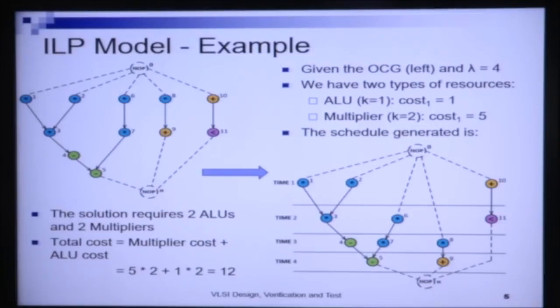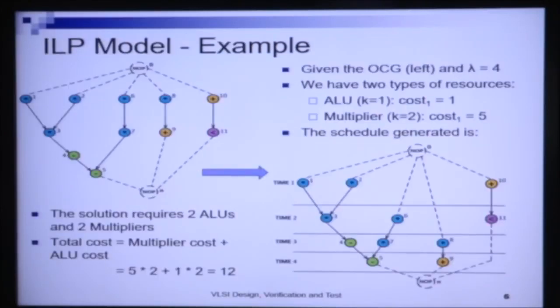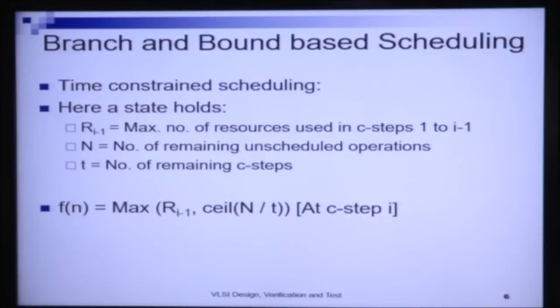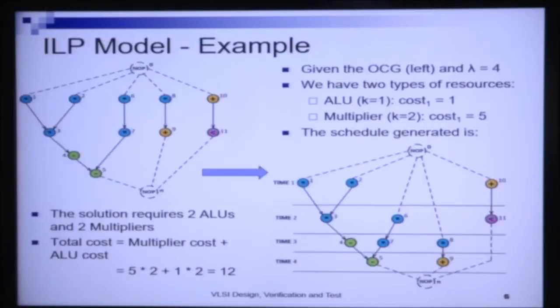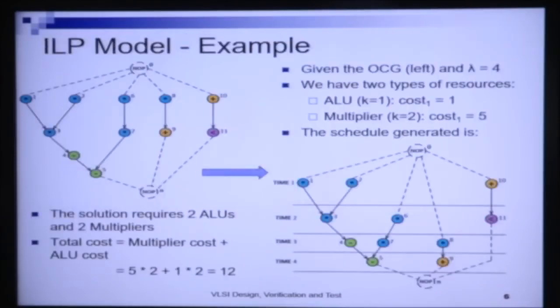So, for k equals 1, ALU, I have a cost of 1. For k equals 2, multiplier, I have a cost of 5. So, what does it mean? It says that ALU has an area cost of 1 and multiplier has an area cost of 5.